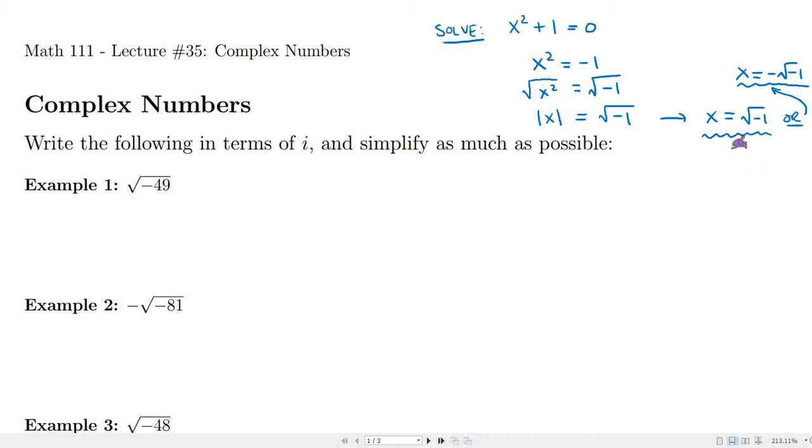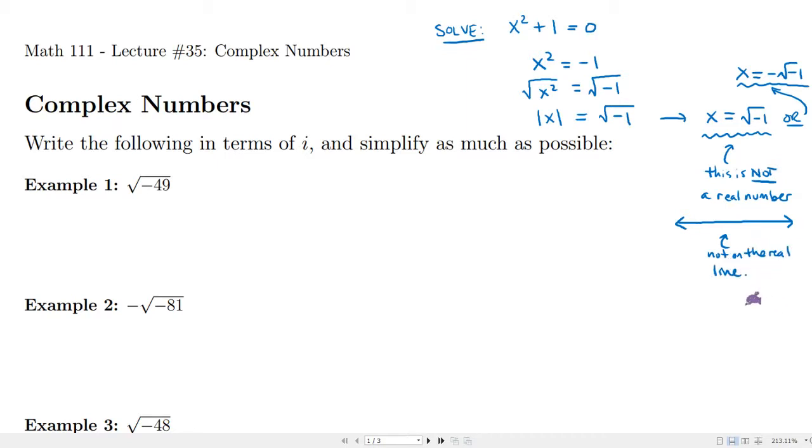So this is not a real number. Not in the sense that it doesn't exist, it's just that it is not on the real line. You can't find that number on the real line.